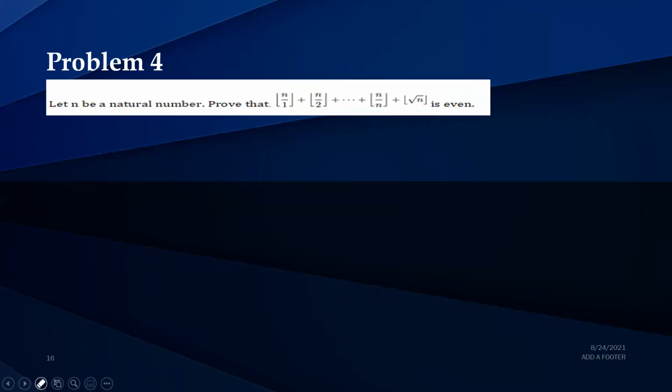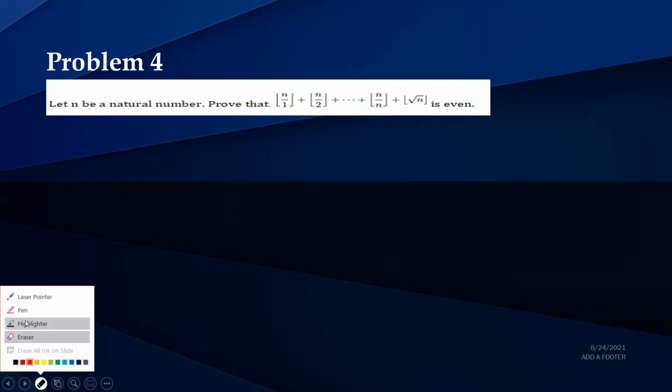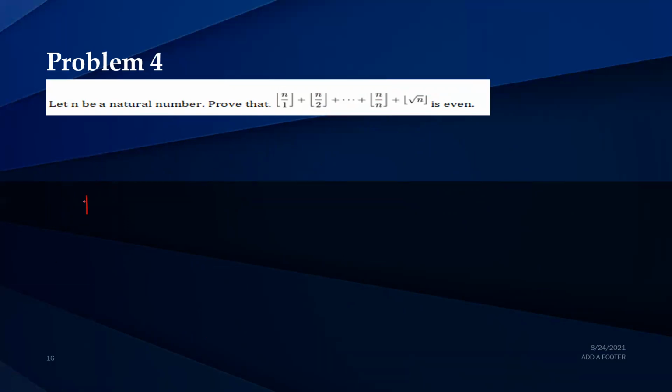So let's write down what we have got till now. P of n plus 1 minus P of n is equal to the number of divisors.